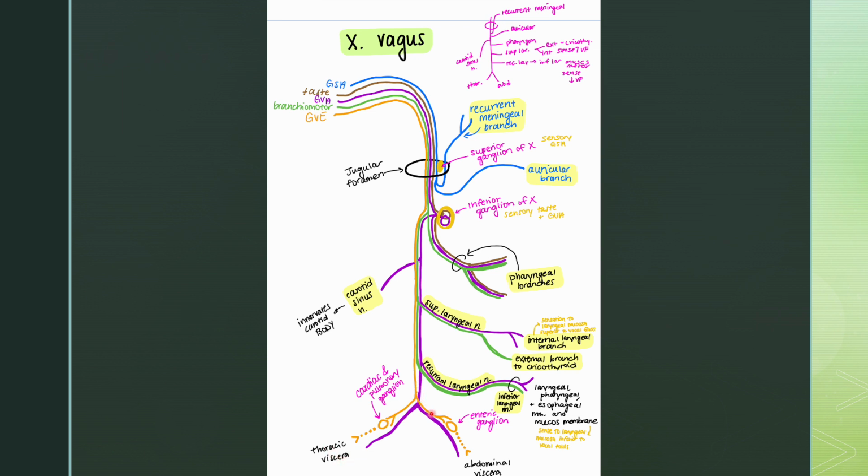Then you're going to have the same thing happen, but with an enteric ganglion, and you're going to have those postganglionic fibers as well as the visceral sensory innervating the abdominal viscera. And that's the termination of cranial nerve 10.